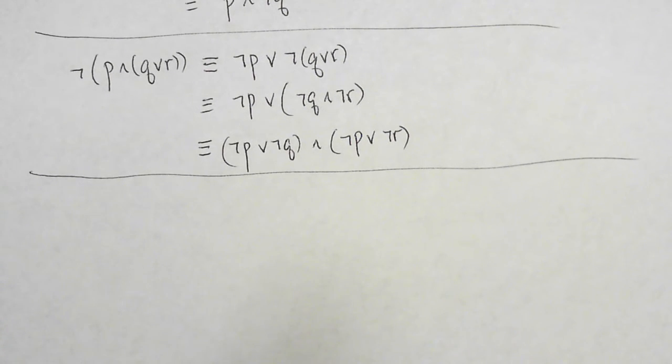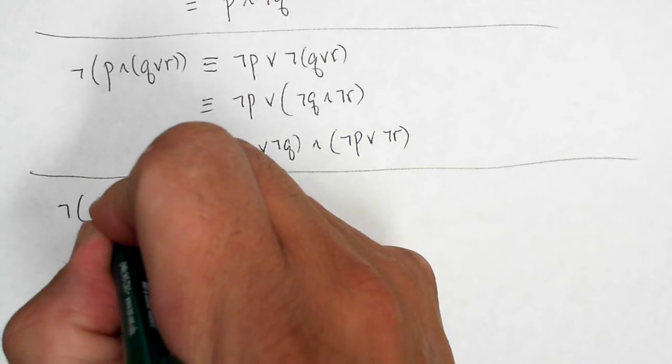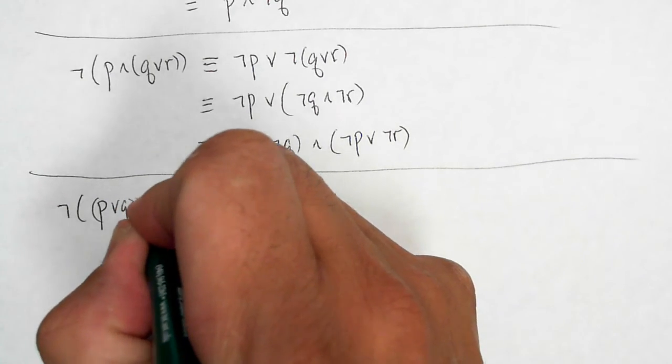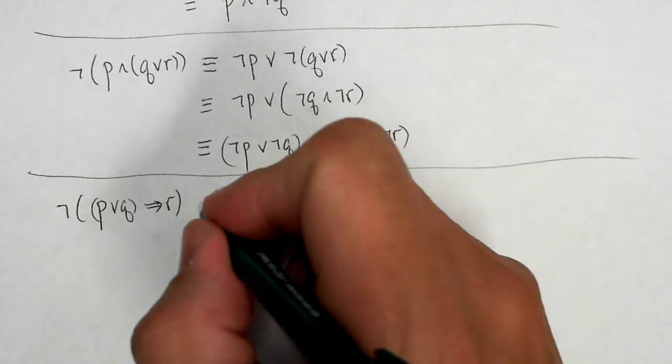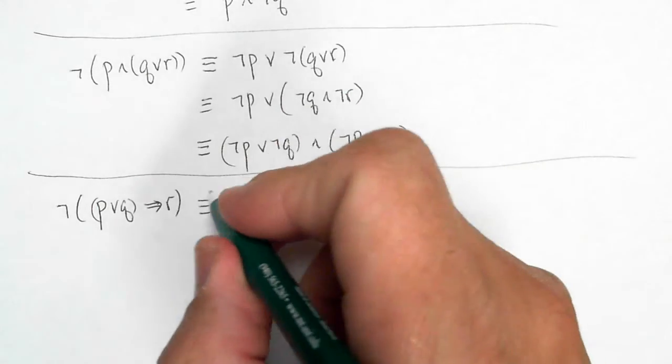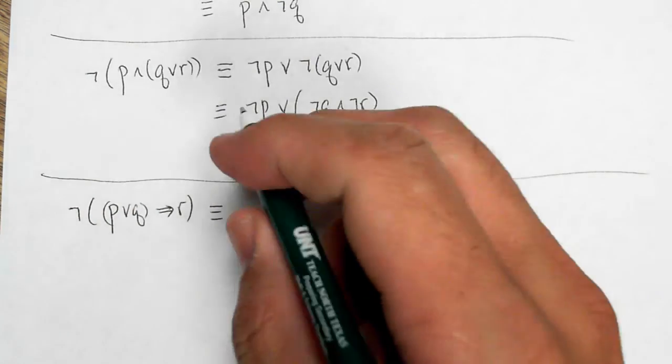Okay, finally, the last one is to find the negation of P or Q implies R. Okay, now again, I can change an implication into an or statement.